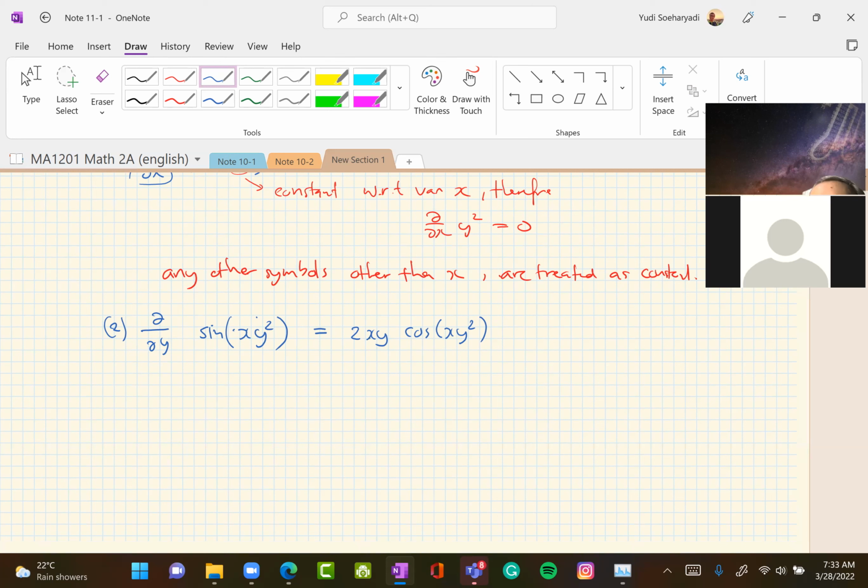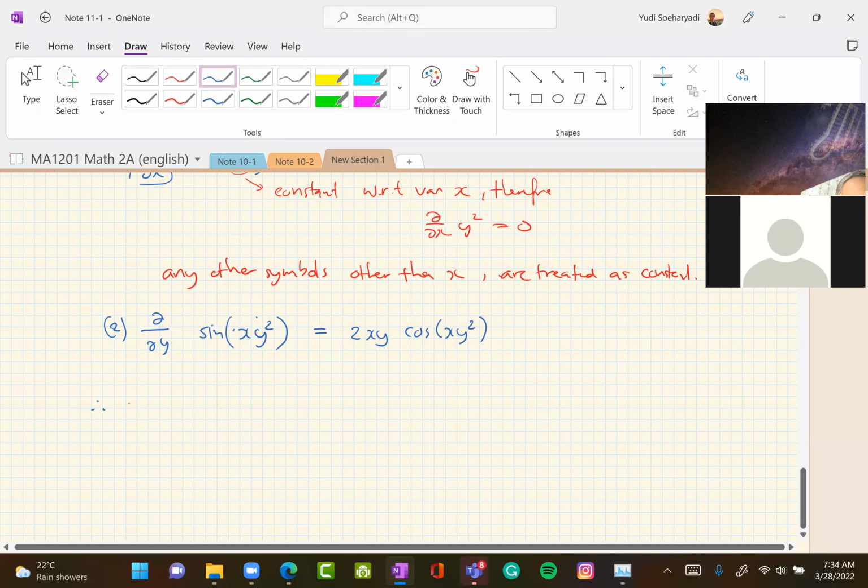So we don't need separate rules for computing partial derivatives. We just use the rules for derivatives of just one variable.